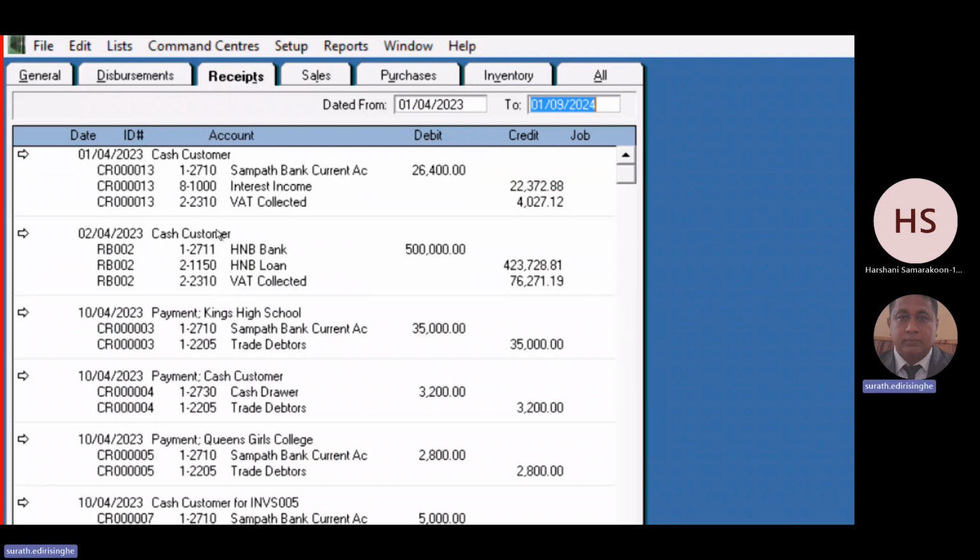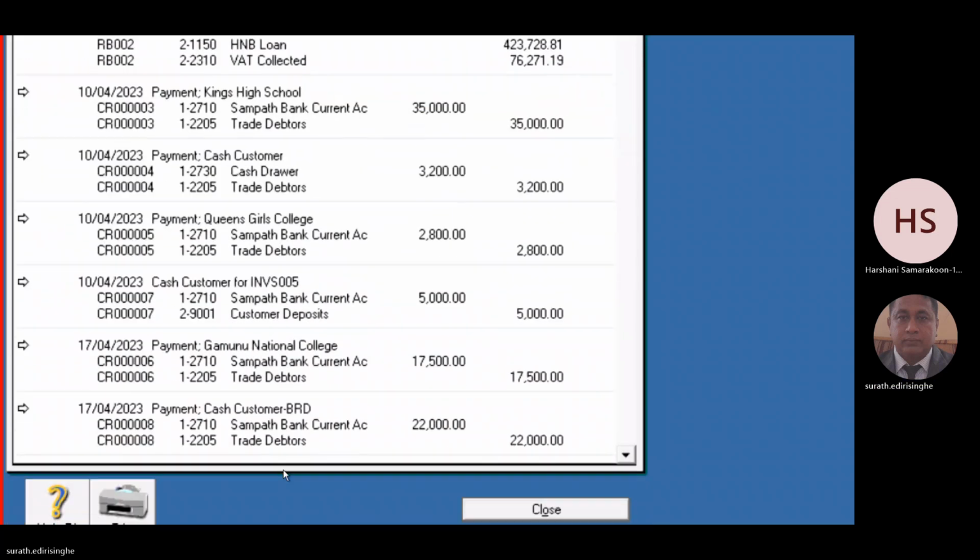Right. Complete the balance receipt transactions. Complete the balance transactions on here.